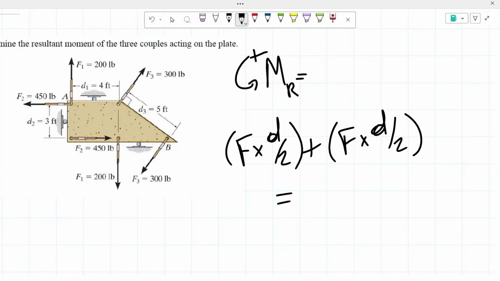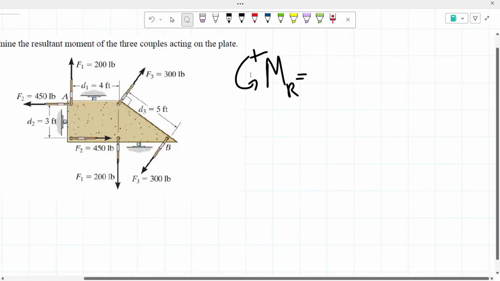If you were to rewrite that, that is just the same as one force times the overall distance. So something to keep in mind: when it comes to couples, all you really have to do is determine if it's creating a positive or negative moment, and multiply the force by the overall distance.